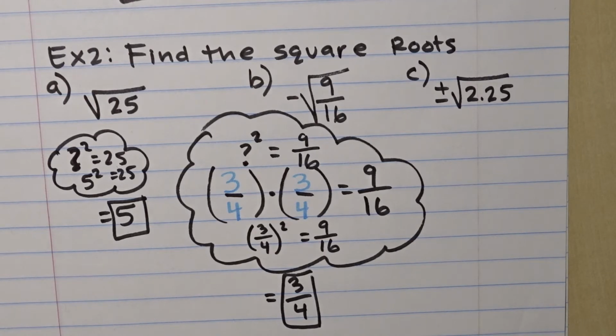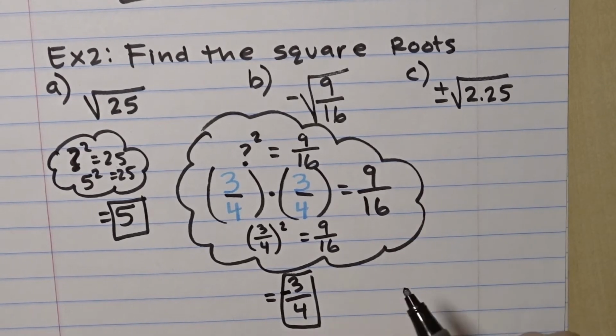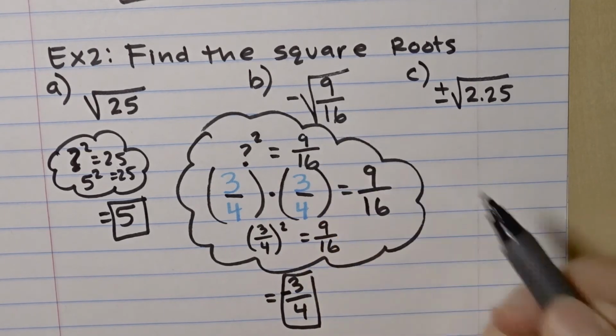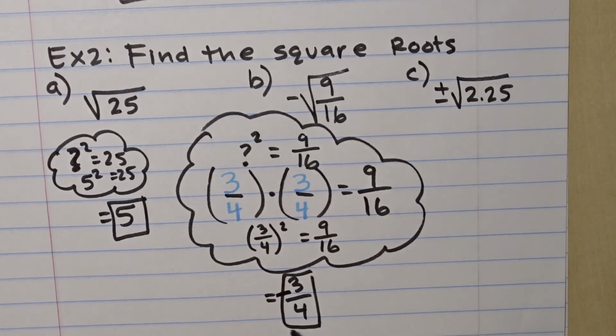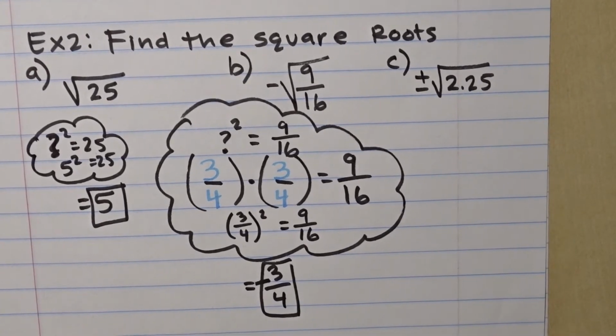Although it's a fraction, I know it looks a little more confusing. And then we forgot we got to put that negative. Remember, they wanted the negative of whatever this answer was. So we're putting the negative of whatever our answer was. Negative 3/4.